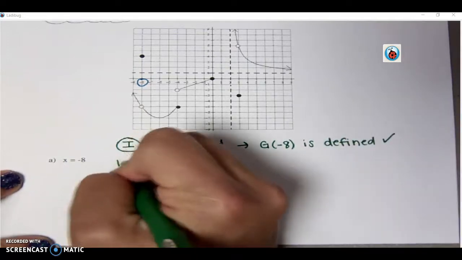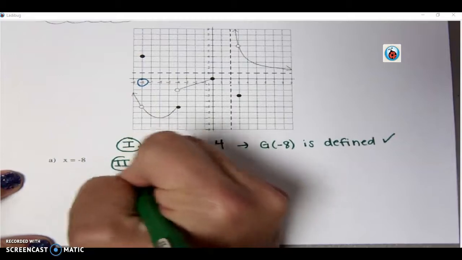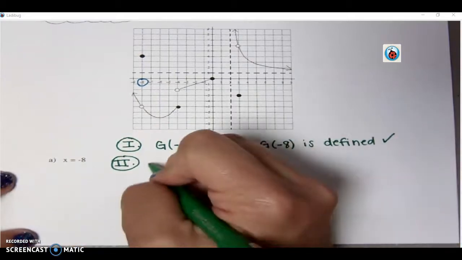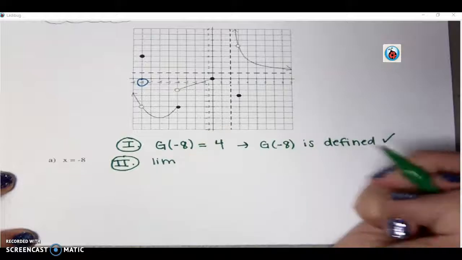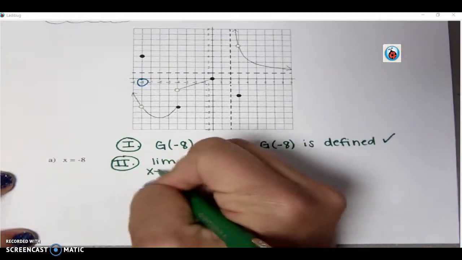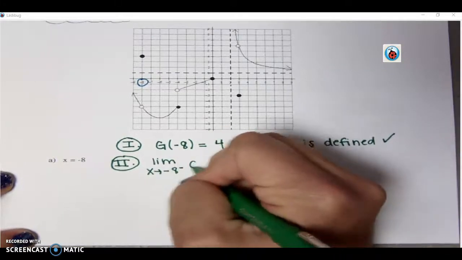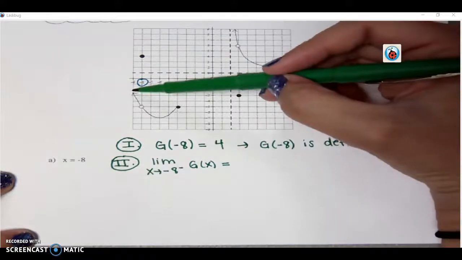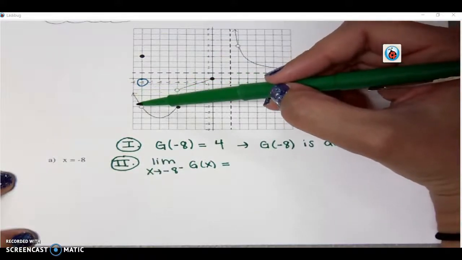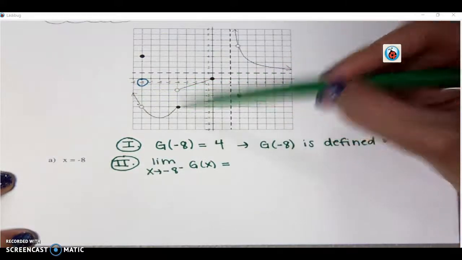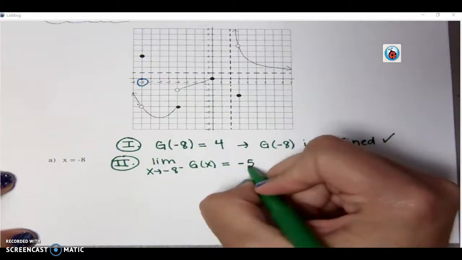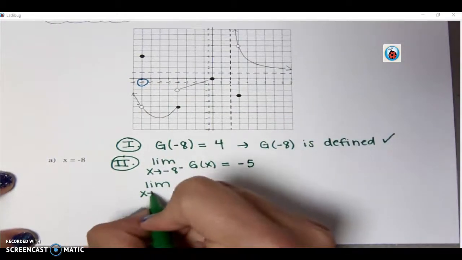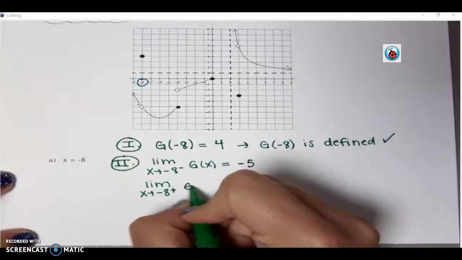Okay. For the second step, we have to show that the limit exists. So to do that, we're going to have to do the left side of the limit and the right side of the limit. So we're going to do the limit as x approaches -8 from the left. So as you come in from the left at -8, that y value is -5. Okay, so then we're going to do the limit as x approaches -8 from the right.